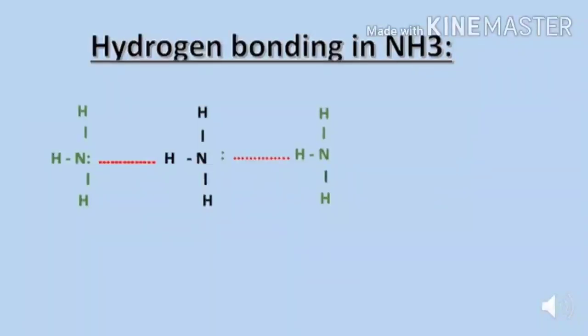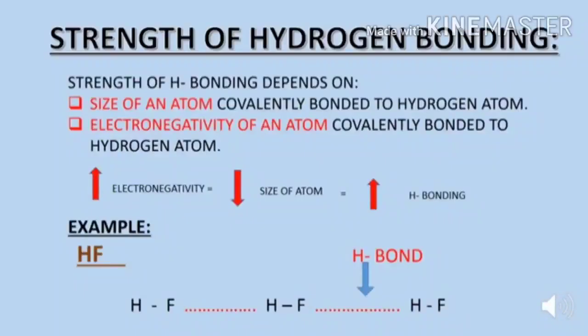This is represented by the dotted line. This hydrogen bond is present between the nitrogen atom of one molecule and the hydrogen atom of another molecule. So this is a molecular force of attraction.